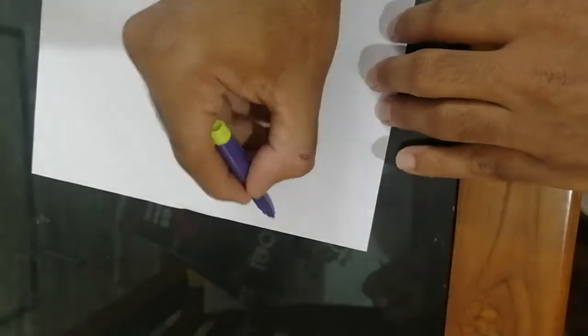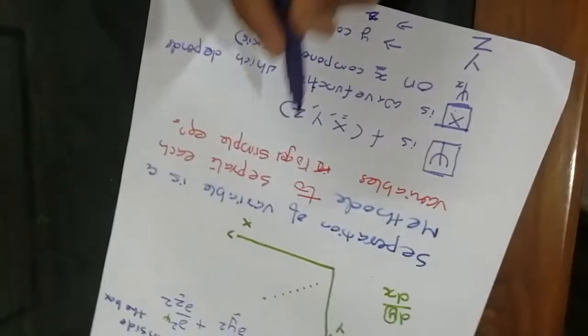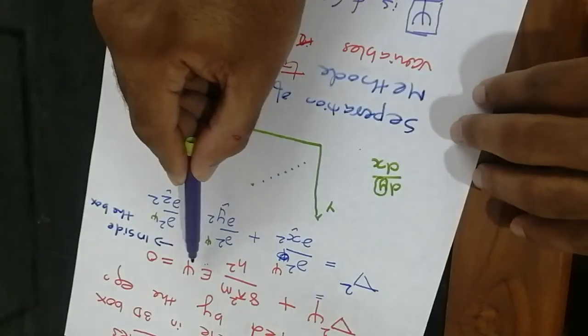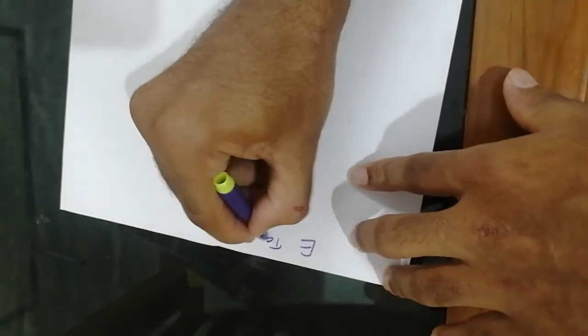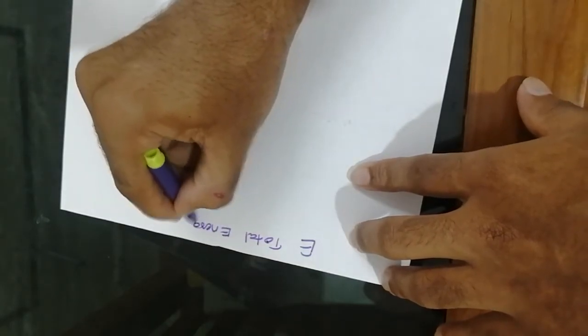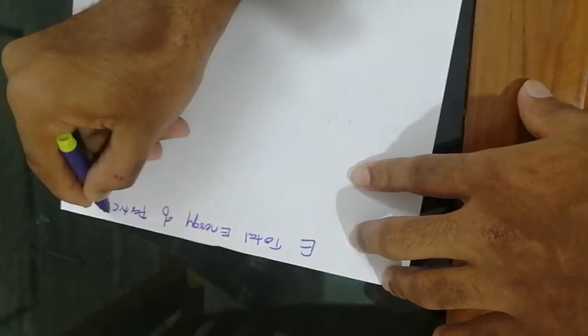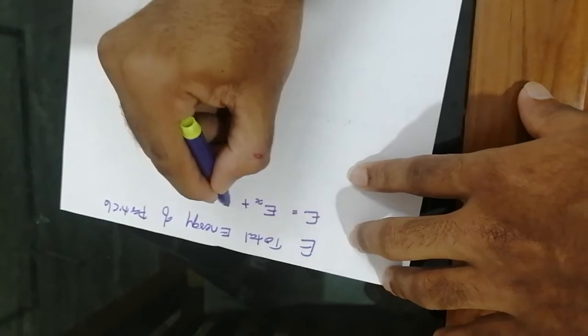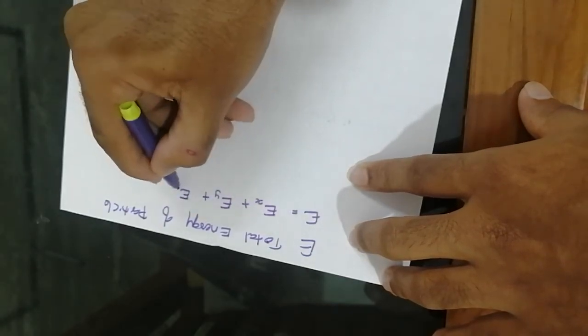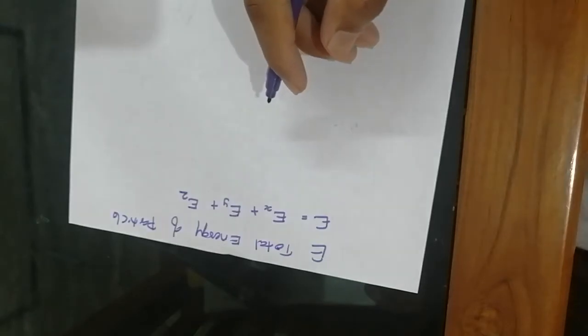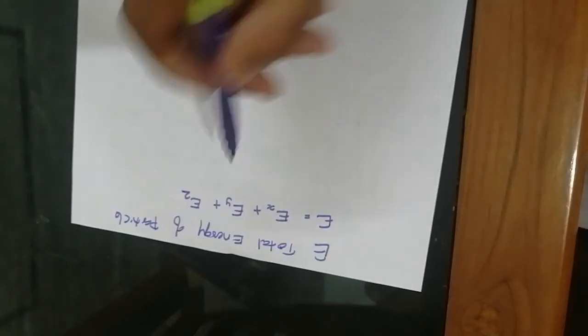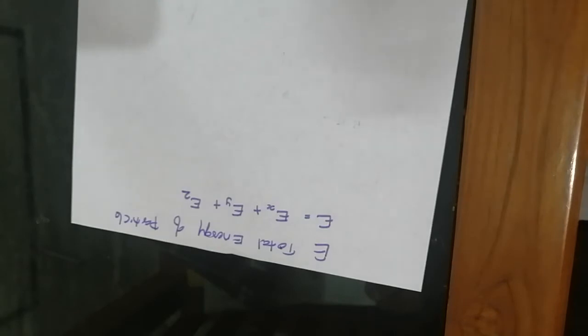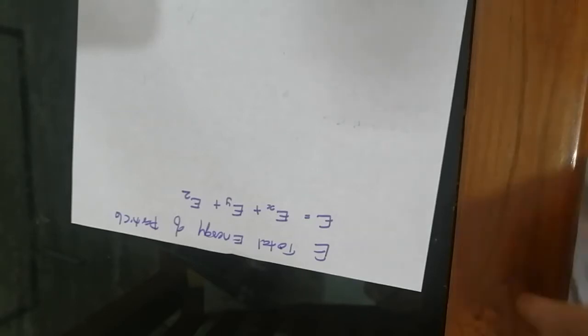Similarly, we assume E is the total energy of the particle. This E also has three components, Ex plus Ey plus Ez. Therefore, total energy has components along the x, y and z directions, and similarly our wave function psi has components in the x, y and z directions.